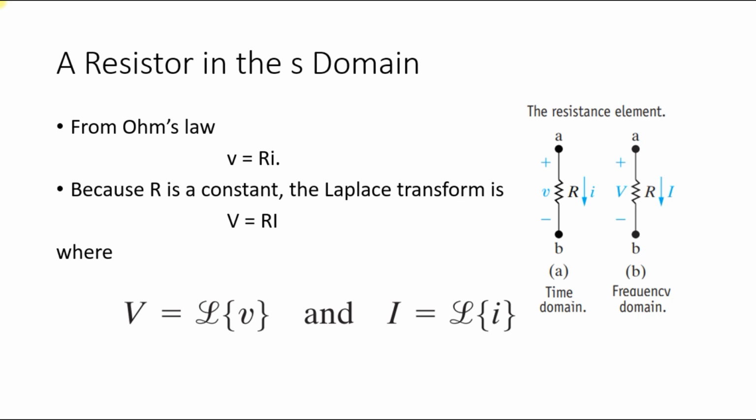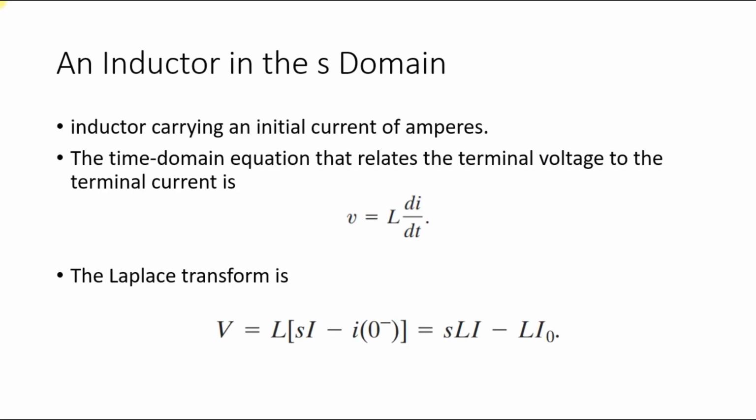Suppose I go for an inductor in the S domain. We know that if an inductor is present in the circuit, it carries an initial current of I naught amperes. The time domain equation that relates the terminal voltage to the terminal current is V equal to L into di by dt.